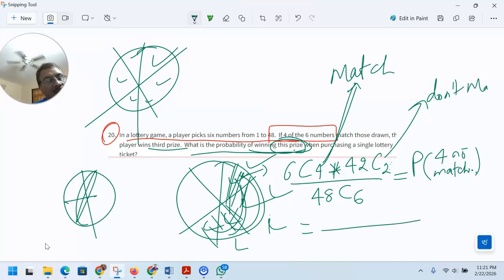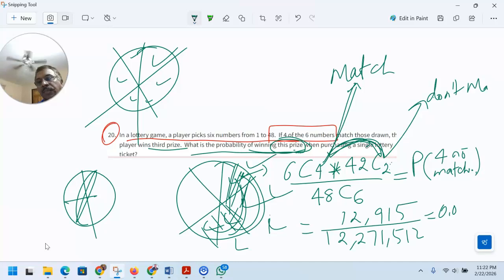So when you put this on the calculator, the bottom is the same, 12,271,512. But for the top number, when you put it in, you end up getting 12,915. And when you divide, you get 0.001052. I hope this makes sense.